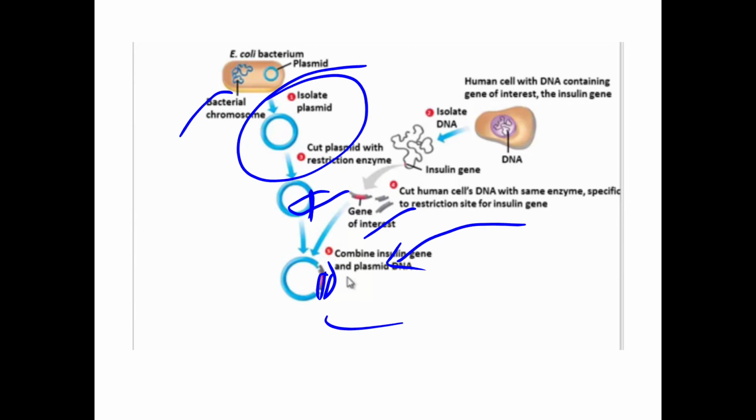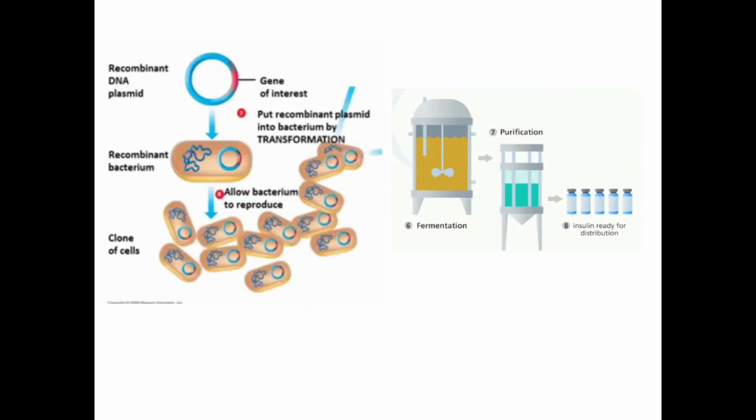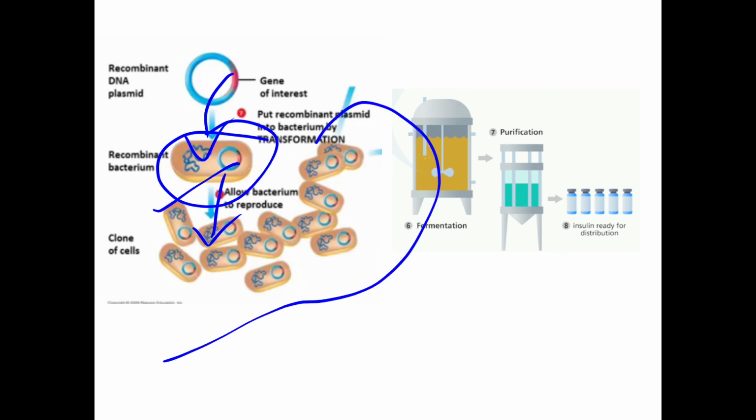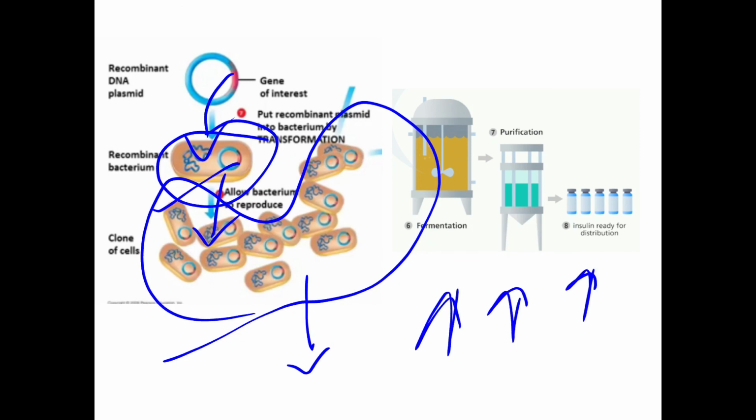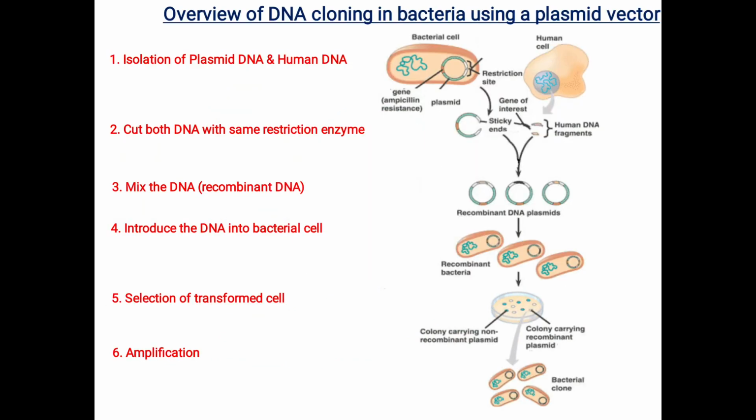So the resultant DNA molecule is known as recombinant DNA molecule, and this recombinant DNA molecule is inserted into the host bacteria. When this bacteria reproduces by asexual method, it will form so many daughter cells in a limited time, and the number of copies of our gene of interest also increases as the bacteria reproduces.